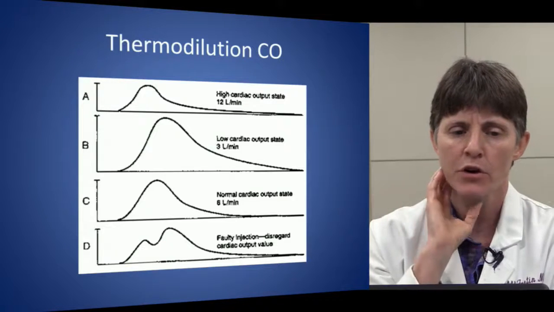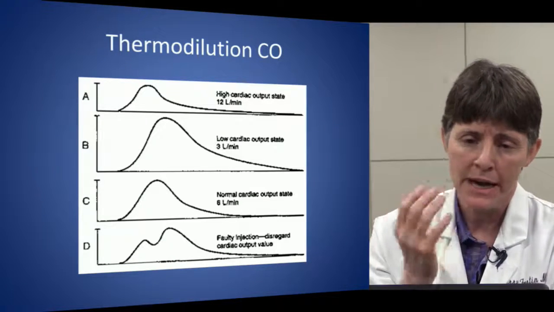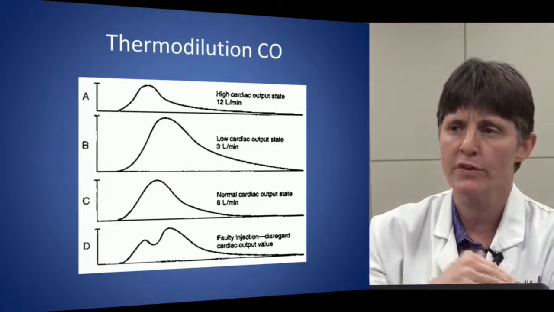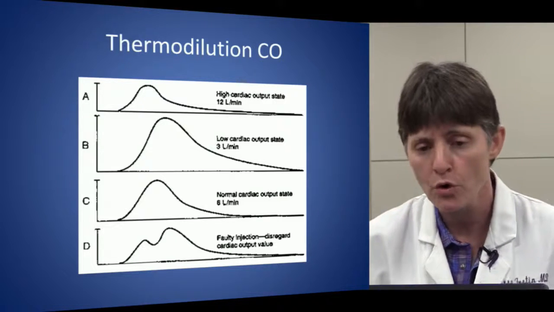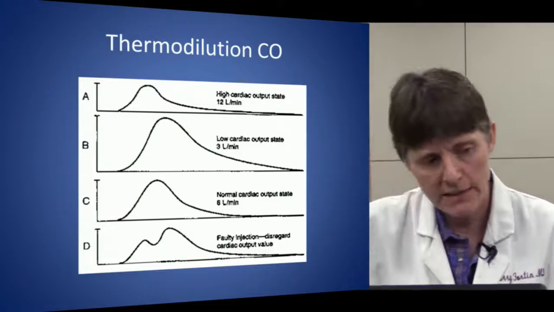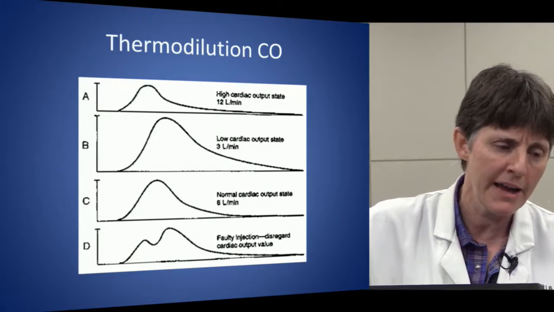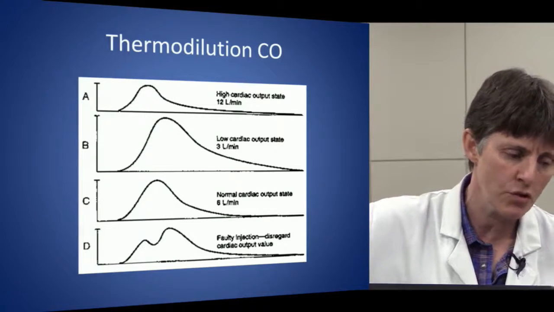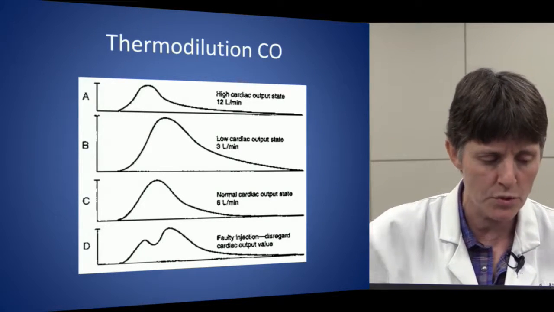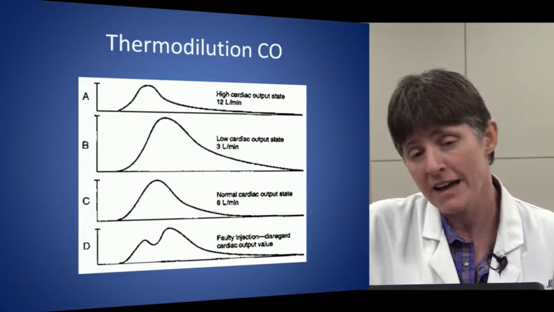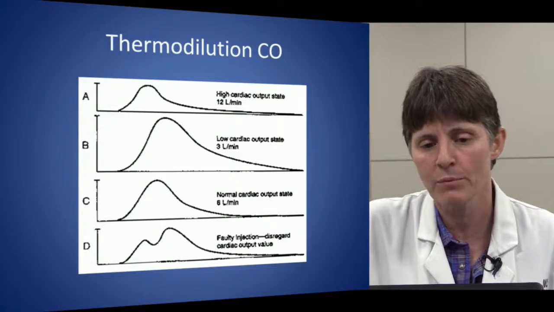So the area under the curve is highest in B, and it's inversely proportional. So if it's a high area under the curve, it's a low cardiac output. Just like in AVO2 difference. So high AVO2 difference means a lot of extraction, a lot of difference between those two numbers, and there's high extraction because there's low cardiac output.